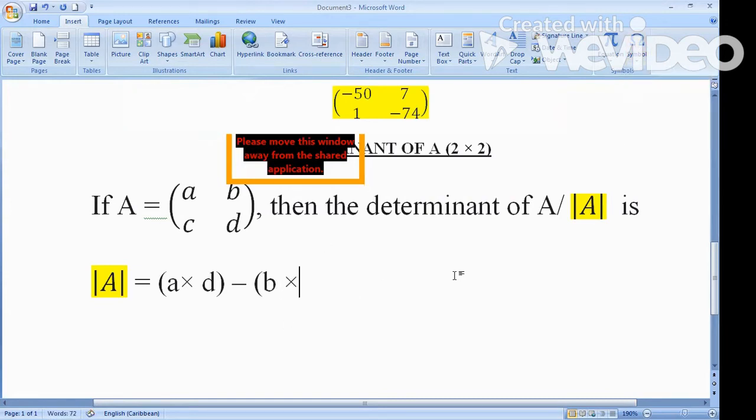So it's a little formula. All right, class? Are we clear?